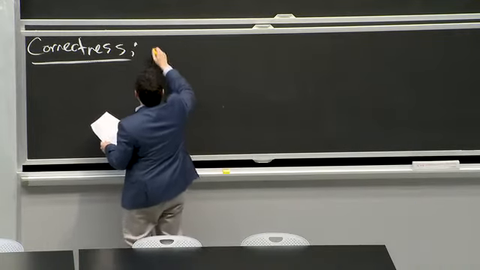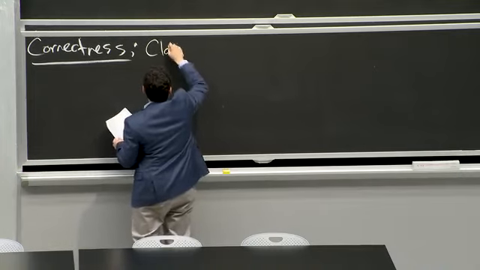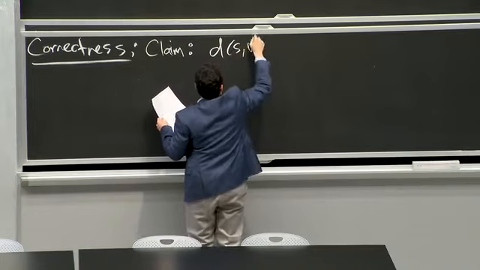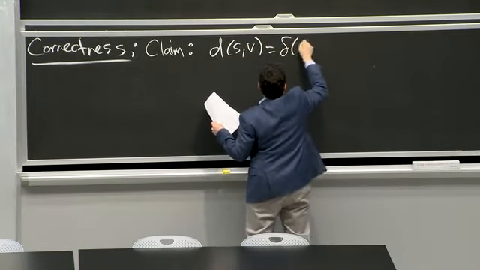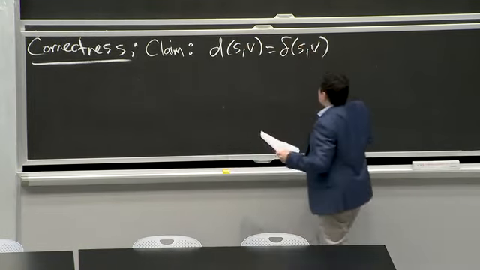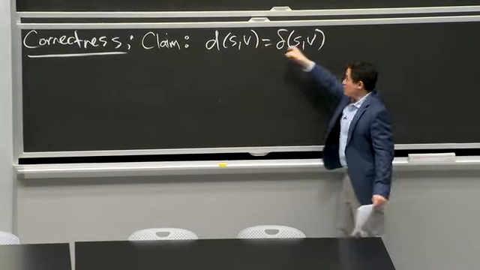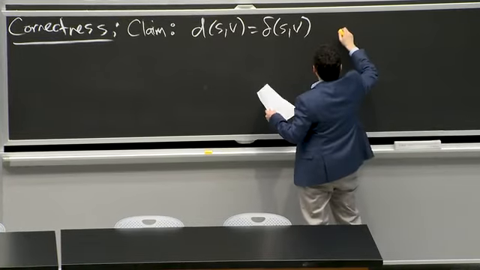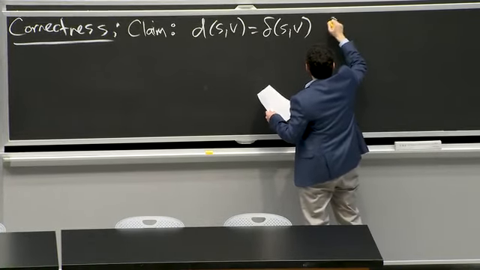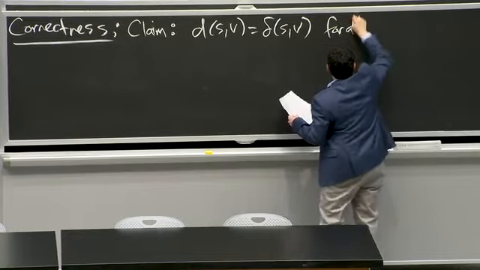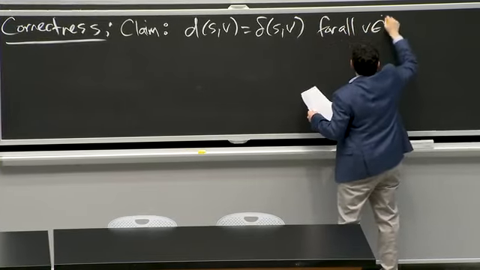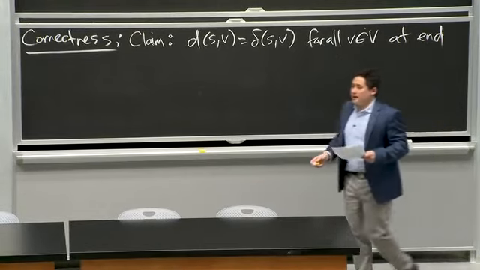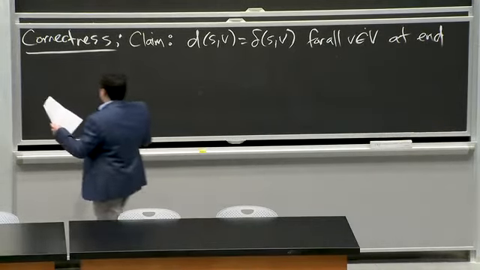Okay, so the claim here that we're trying to prove is that d of v equals delta of s, v. So the estimates equal the shortest path distances at the end of Dijkstra, for all v in V at the end. All right? And this is going to follow from two observations.